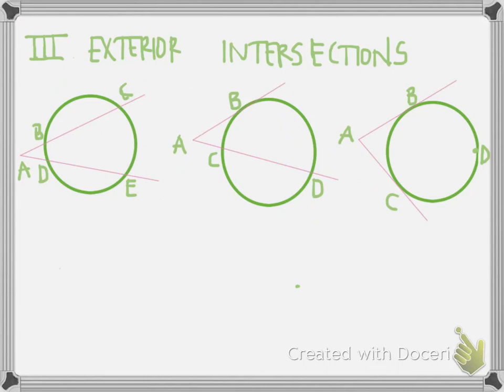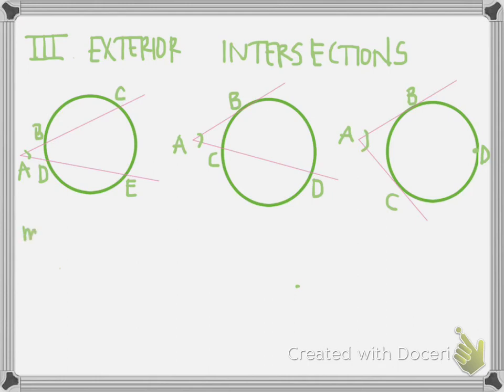Alright, so now if there are exterior intersections, these angles A are all on the exterior of the circle, but I've got different things going on. This first one is if I have two secants.